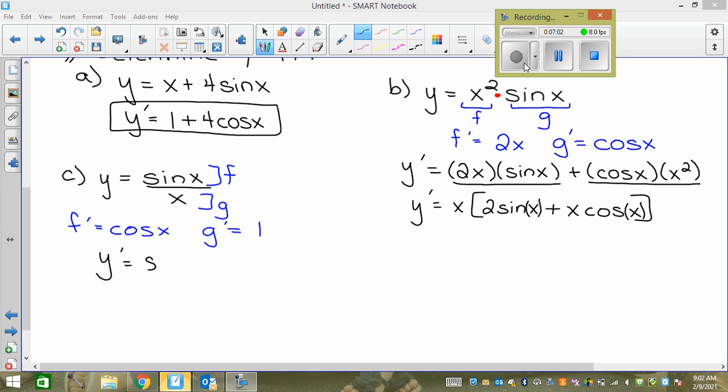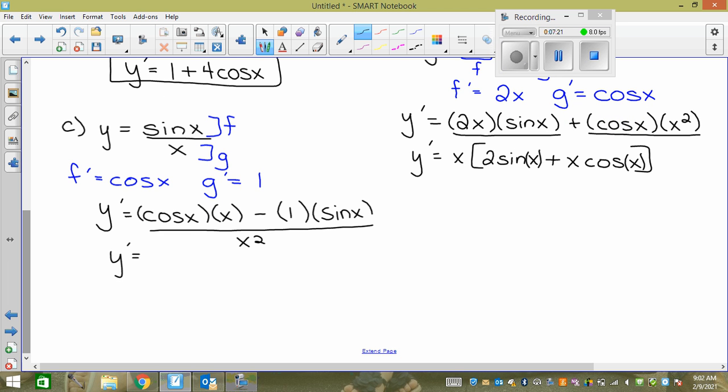So that's going to be f prime, cos x, times g, which is x, minus g prime, which is 1, times f, which is sine x, all over x squared.